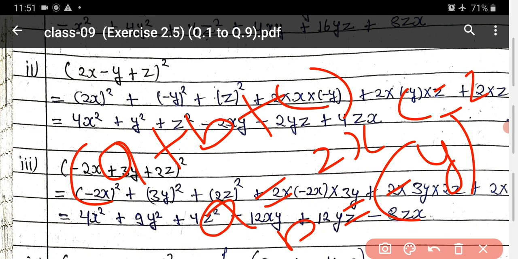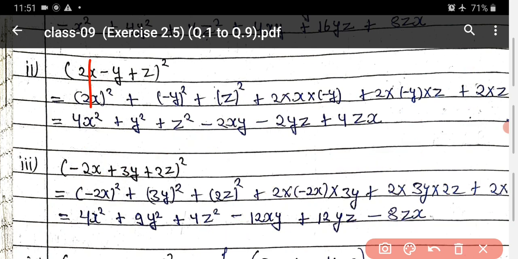Now just apply the formula: a square plus b square, the minus term you put in a bracket, and then c square, plus 2ab. 2 into a, that is 2x, into b. Okay, now 2bc.